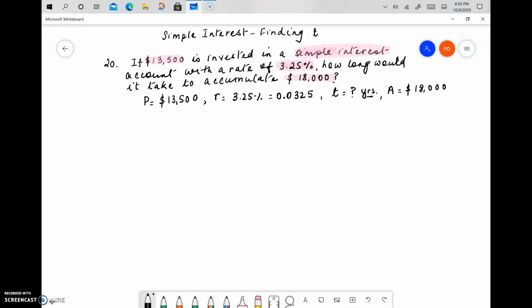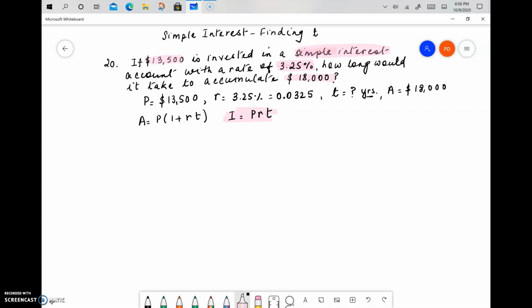So the two simple interest formulas are A equals P times (1 plus RT) and I equals PRT. If we could somehow use I equals PRT, it seems like the solution will be much simpler.